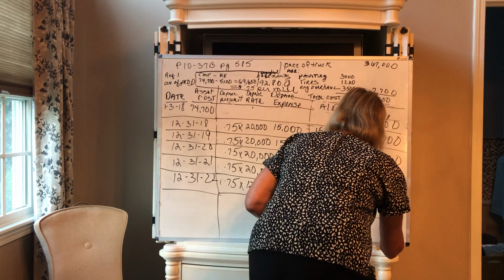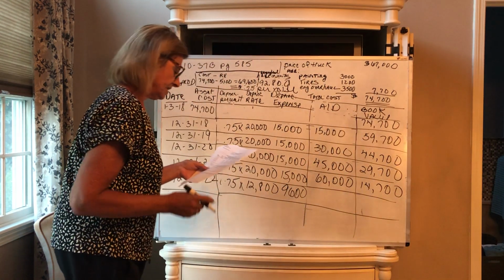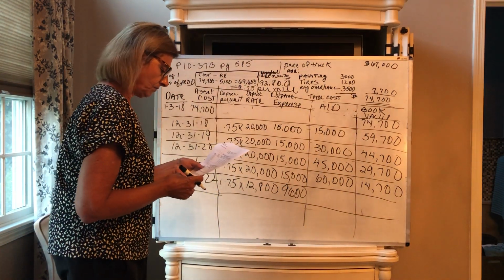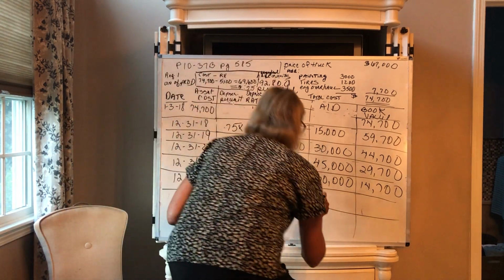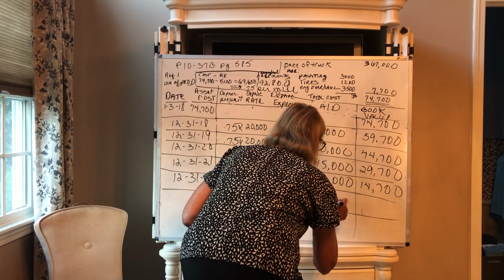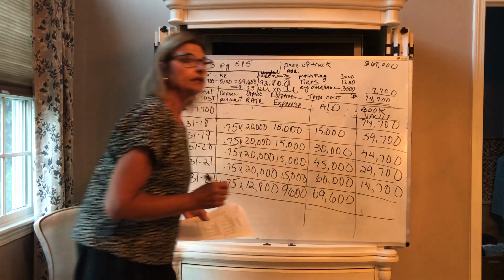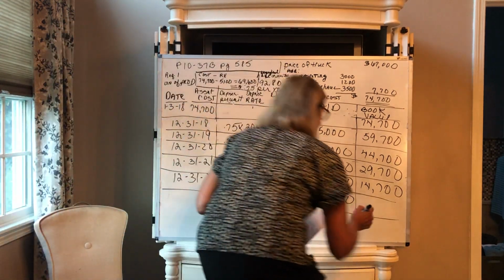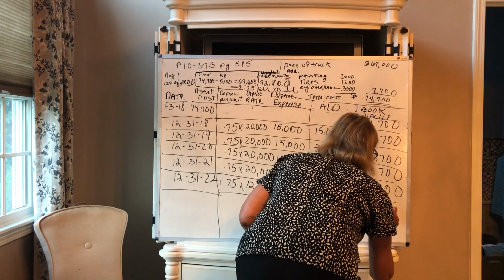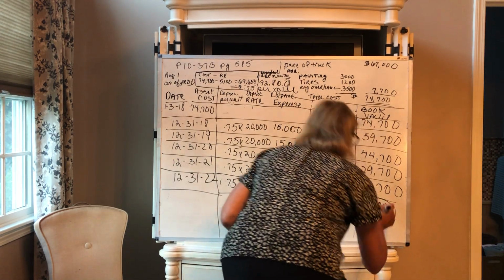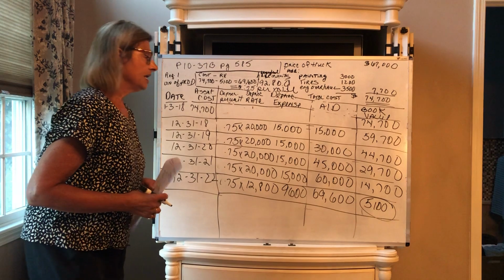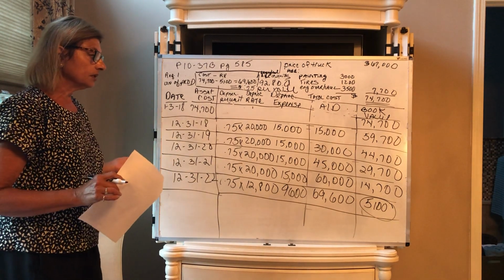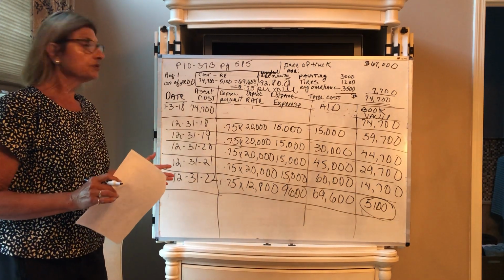And then the last year we have 9,600. It's going to go to 69,600, which is the fully depreciated, the whole depreciable cost. Ending just like the first one with the residual 5,100. So this is the same schedule with units of production.